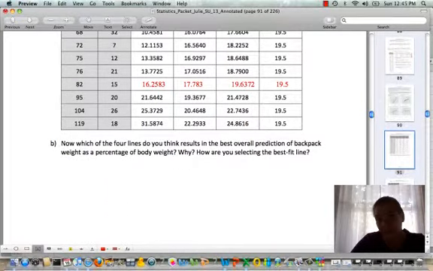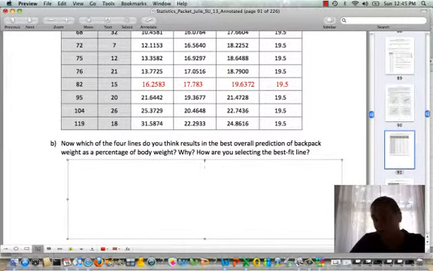Question B is asking, now which of the 4 lines do you think results in the best overall prediction of backpack weight? Why and how are you selecting the best fit line? So judging from the graph and the table, lines B and C seem to be the closest fit to the observed data.